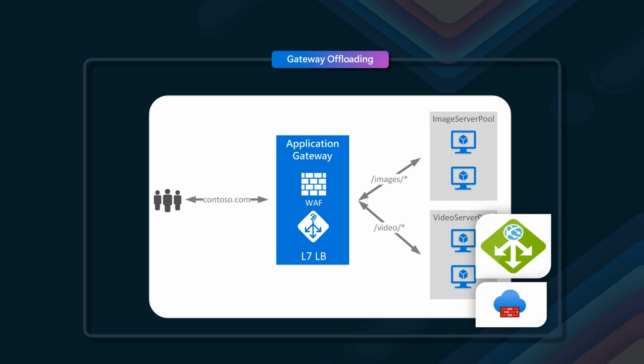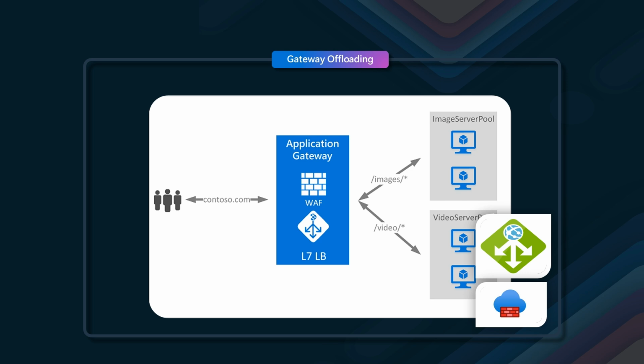The Web Application Firewall layer protects our applications from malicious attacks and unauthorized access, ensuring data integrity and confidentiality. The Layer 7 load balancing and content-based routing optimizes traffic distribution, reducing latency and improving the overall user experience.